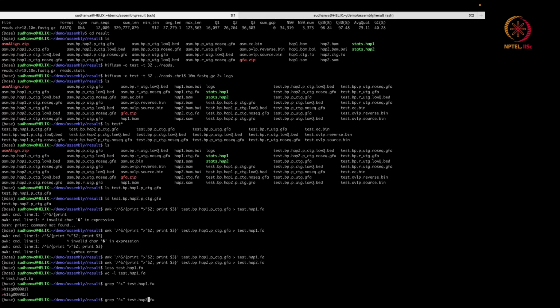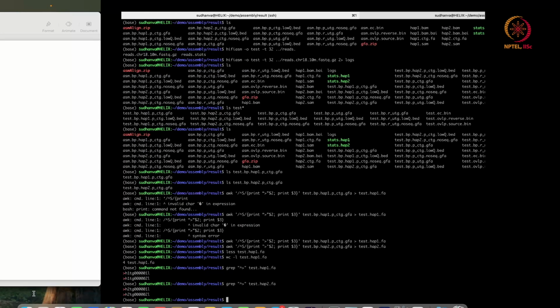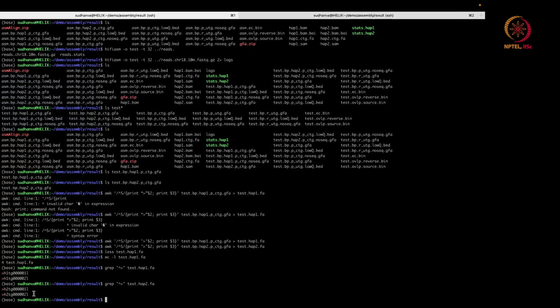Similarly, for haplotype 2 we have two such contigs. Okay, now that we have obtained these contigs, we can use our old method for visualizing them using IGV, but before that, let us see how we can use QUAST to obtain the statistics that we have discussed.